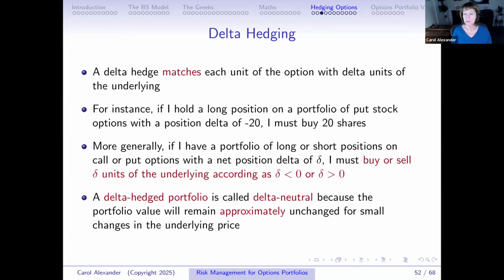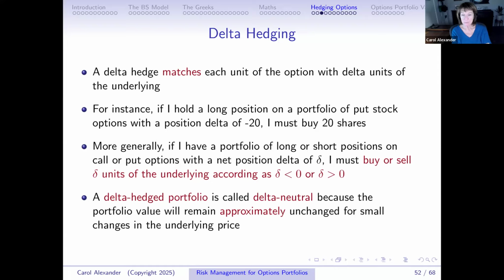So, for instance, if I've got a long position on a portfolio of put stock options, it's going to have a negative delta because it's a put and I'm long. Of course, if it's a put and I'm short, it would have a positive delta because of that omega, right? But it's a long position, so the omega is 1, and my position delta is going to be negative, say minus 20. So if I've got a negative position delta of that, I must buy 20 shares.